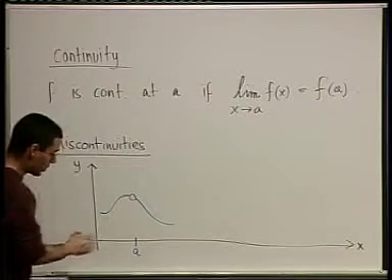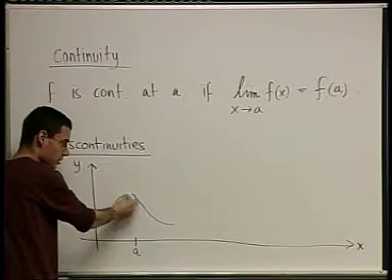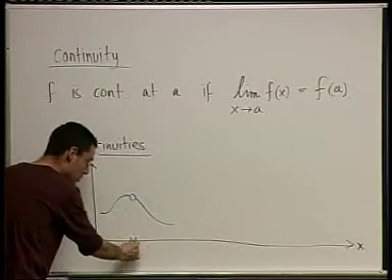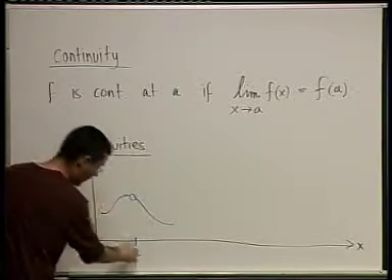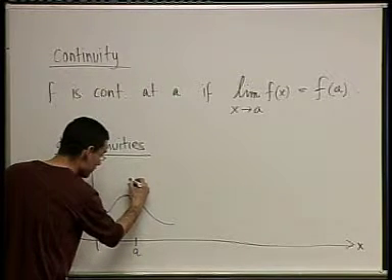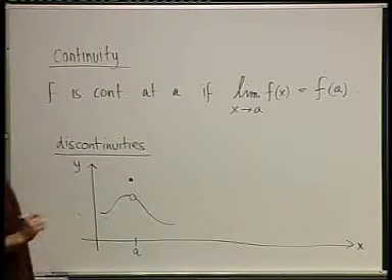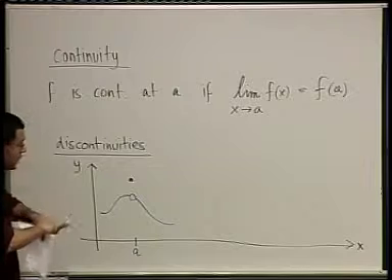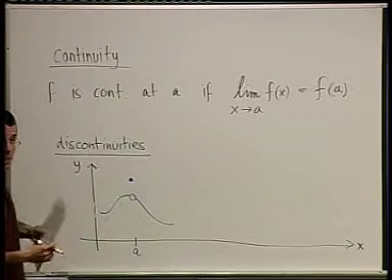So the limit exists, right? As x approaches A, there's an L, but the value of f at this point happens to be here. Okay? So this function is not continuous, right?